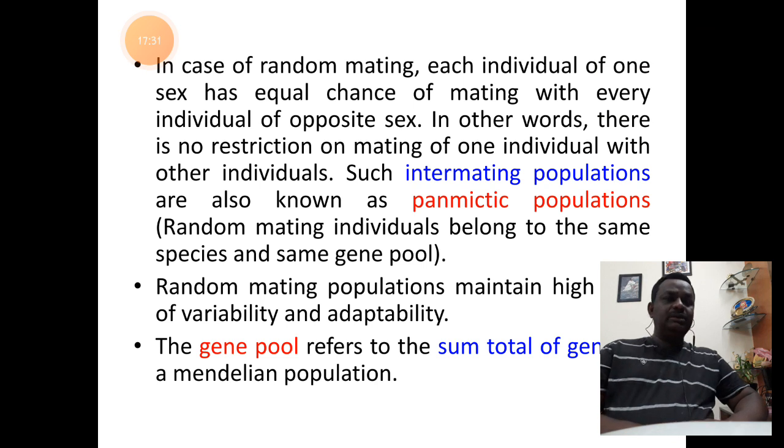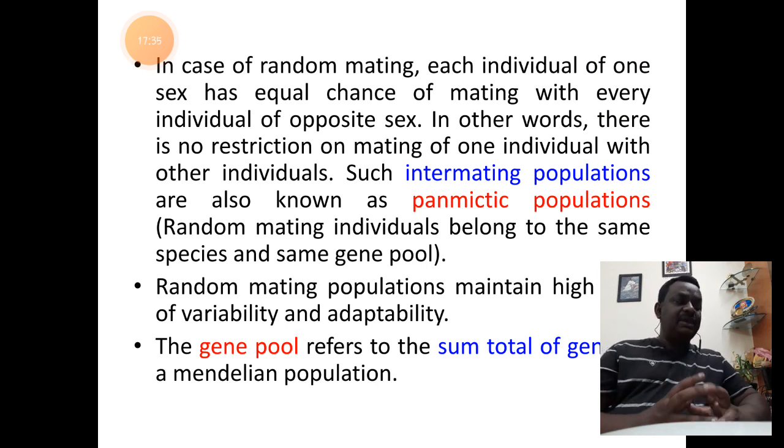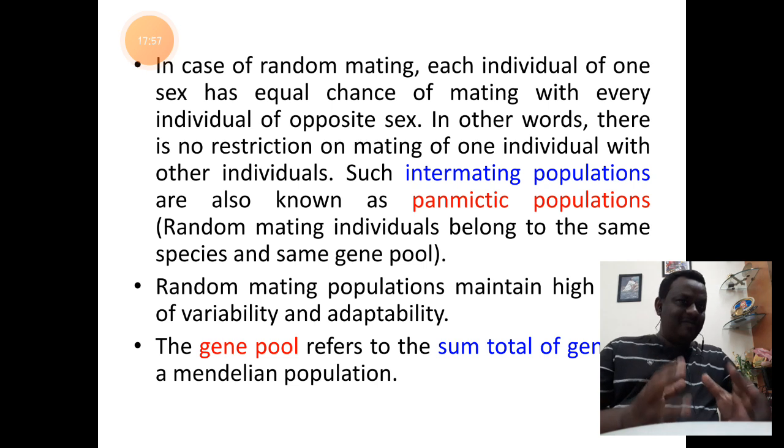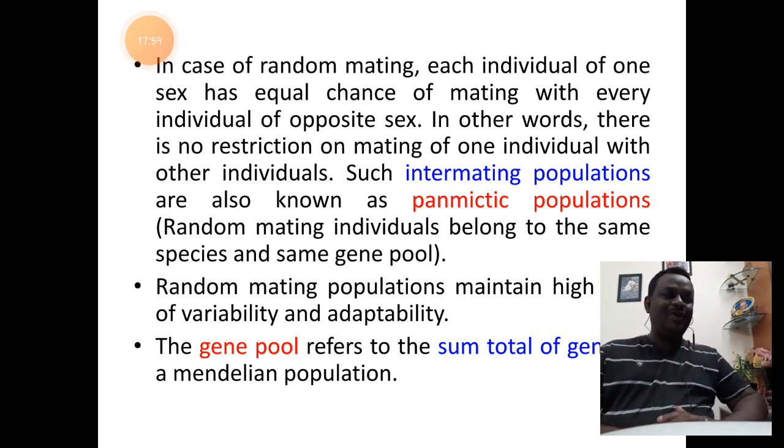This condition of having no restriction for mating among intermating individuals is generally called panmixis, and the population is called a panmictic population. A population where there is no restriction for mating of individuals of the intermating population, we call a panmictic population.